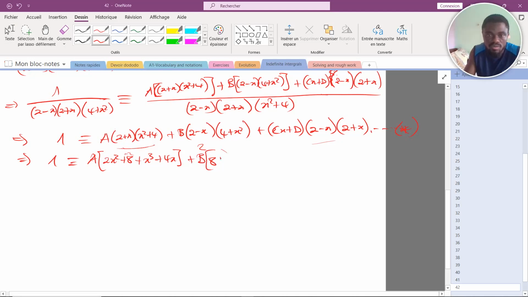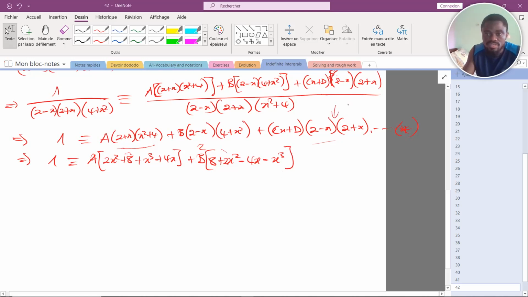This times this, I will have plus x plus 2x squared. This times this, I'll have minus 4x. And this times this, I'll have minus x cubed. Very good.